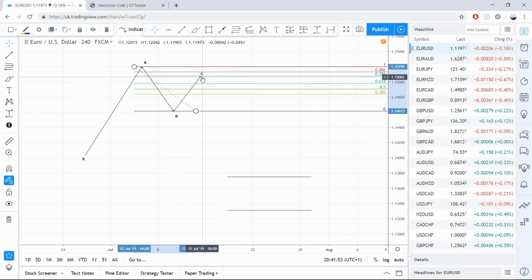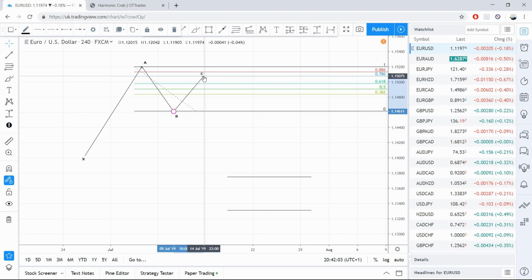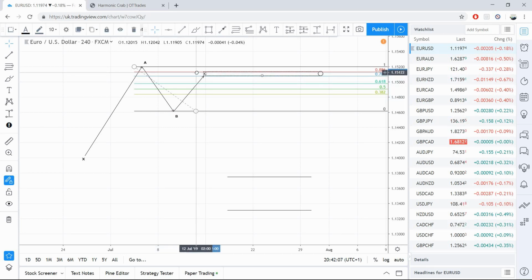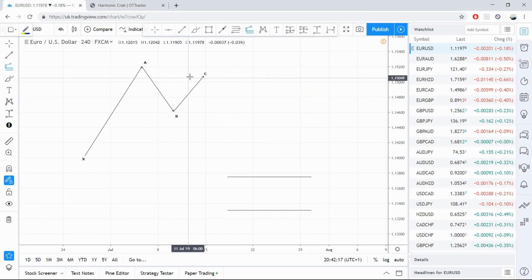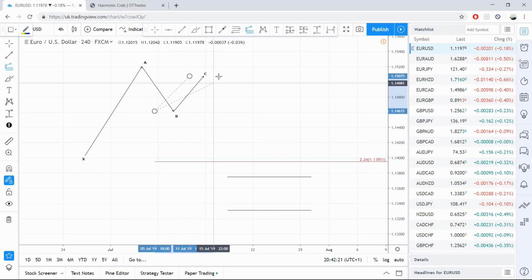Dependent on where that C point formed, if it formed here or all the way at the top here, is going to depend on what BC extension you're going to use to work out your final PRZ point. Now ours was a precise 786, therefore we're going to use the 261.8% extension of B to C. So starting from C to B and back up to C.